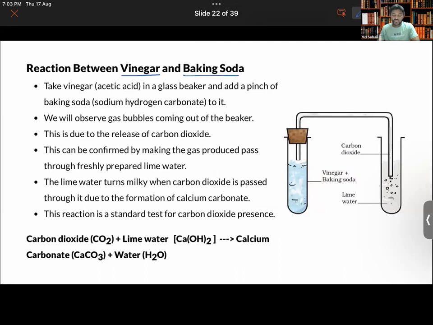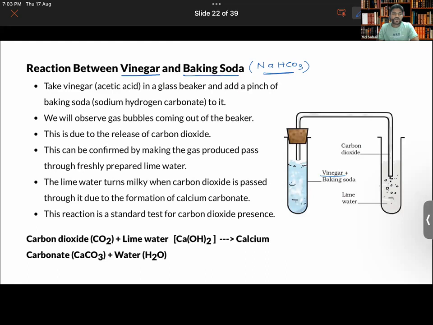So here you have taken some vinegar in a glass beaker and added just a pinch of baking soda into it. Baking soda, if you were to write its chemical formula, is NaHCO3. If you like, you can remember it, or it's up to your choice. You can leave it as well.